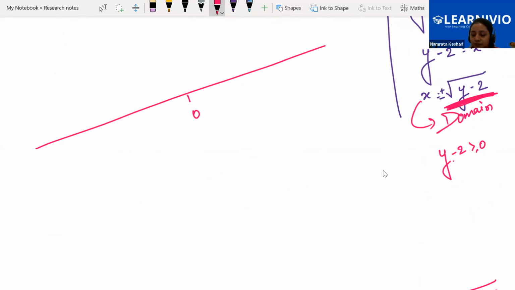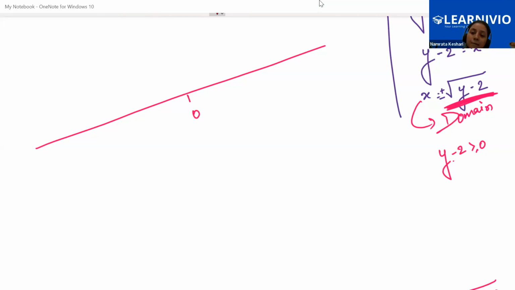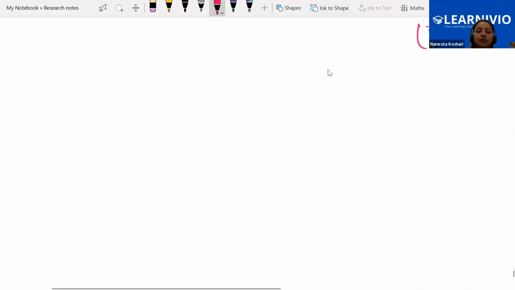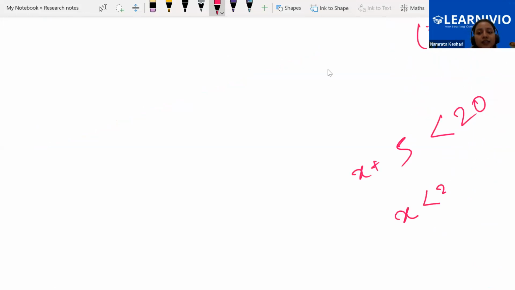Are we getting y is larger? Yes or no? How to solve the inequality? The way we solve the equation, the same way we have to solve the inequality. If the inequality is x plus 5 is less than 20, we will find x is less than 20 minus 5, x is less than 15.